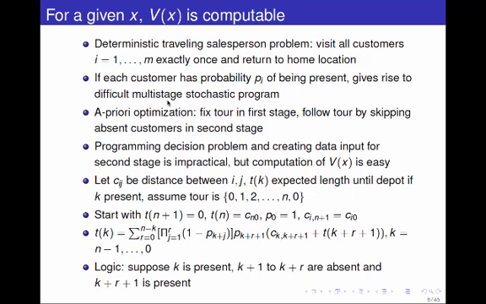Was it this guy? Or was it that this guy was absent and then I found this guy? Or was it that these two guys were absent and I found this guy? So this partitioning of the outcomes is what the summation is doing here. It's running from r equals 0, which means you're at position k, up to r equals n minus k, which means the end of the tour. That's what the formula is doing.